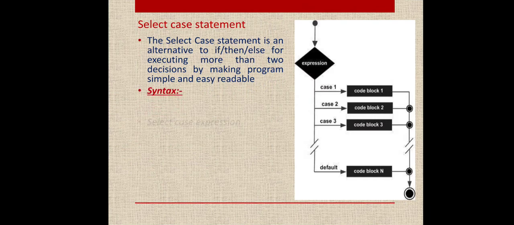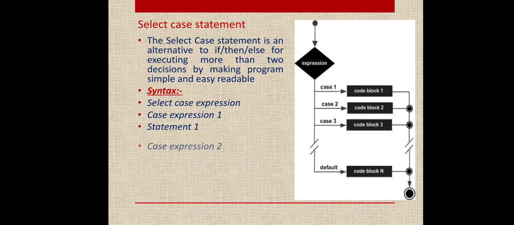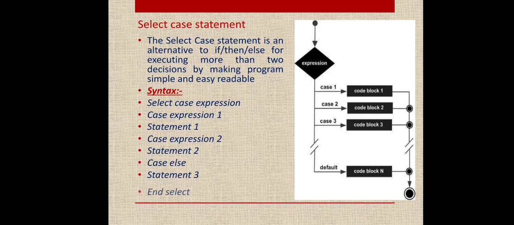Here the syntax: Select Case expression, Case 1 statement 1, Case 2 statement 2, and we write Case Else, that is default, statement 3. After that we write End Select. This is the syntax of the select case statement. So we start from Select and we end it with End Select.